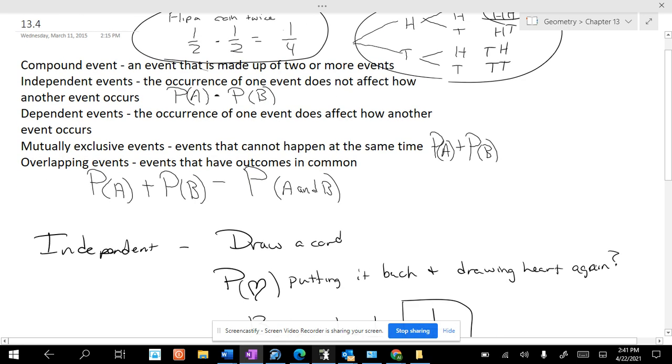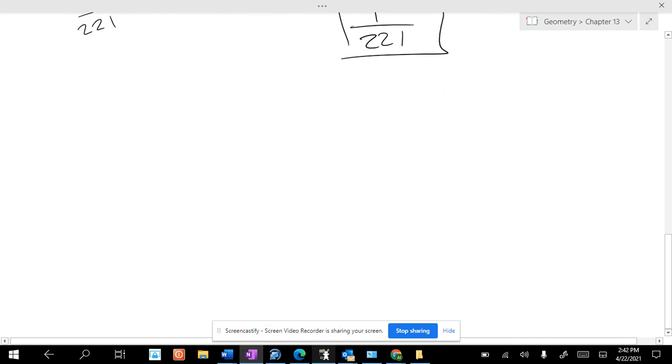Mutually exclusive events are events that cannot happen at the same time. Okay? Cannot happen at the same time. So, going back to our cards.